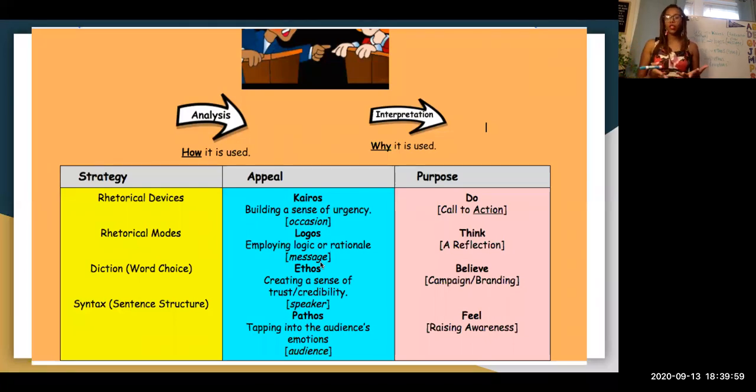So last but certainly not least is the analysis itself. I'm actually going to post this to our Canvas because I constantly want you asking yourself these questions. So I set it up on our Canvas as the what, the how, and the why. So the what is the strategy. What strategy did the author or the speaker employ?